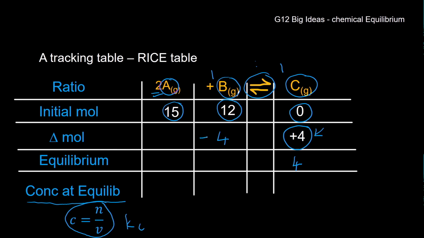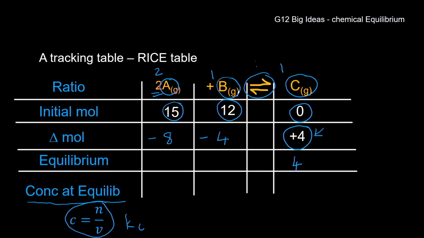We put a minus there because it's used up. For the ratio of A to C, you can see that's going to be 2 is to 1. So if 4 mole of C is formed, then 8 mole of A is going to be used up.